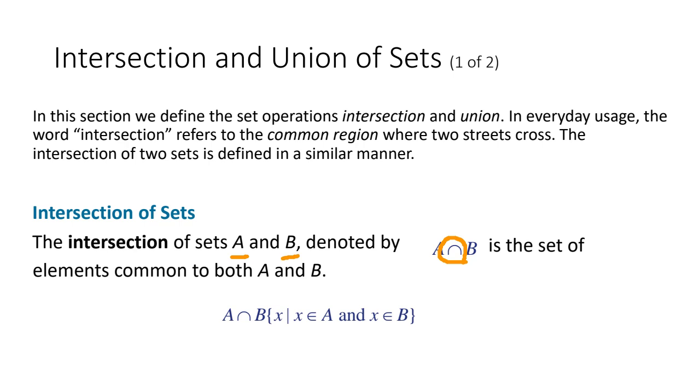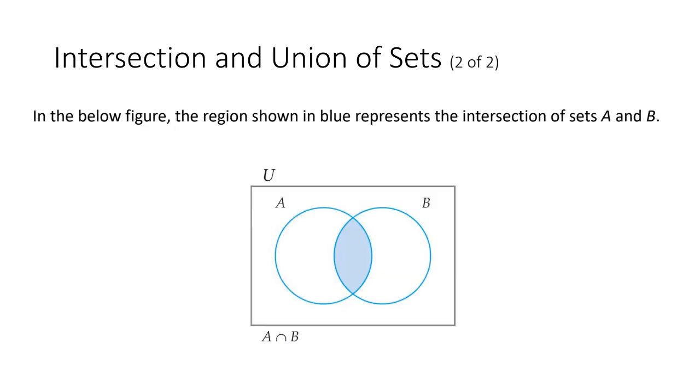So for example, if you had a picture here for the Venn diagram, the elements that are common to both A and B, that's going to be your intersection. Okay, so if I had some numbers here, let's just make up some numbers. 1, 2, 3, and 4 out here.